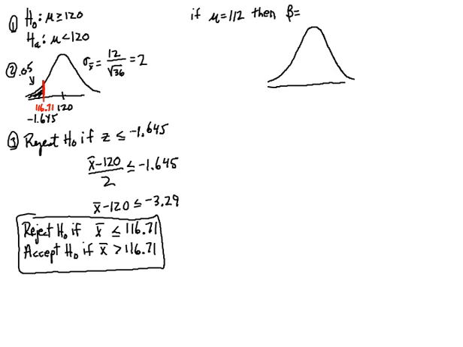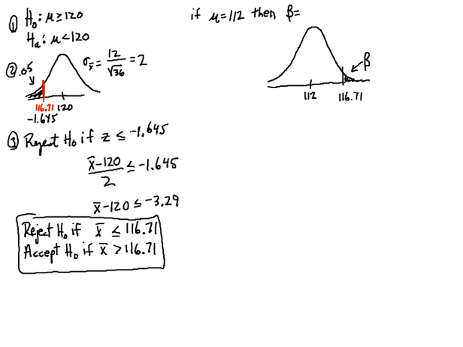If the real population average is 112, in other words, the sampling distribution is really centered at 112, then what is the probability that the sample average that I get is greater than 116.71?